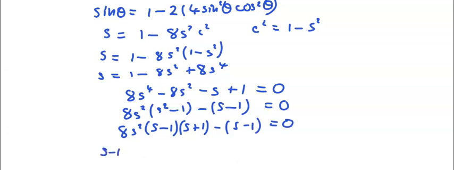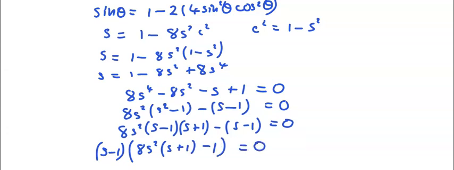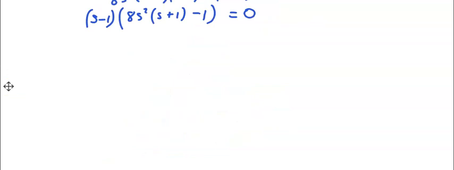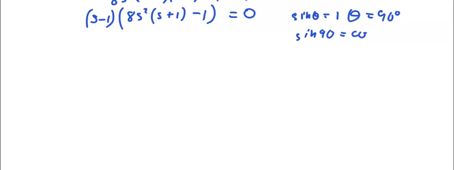So that (s minus 1) times (8s squared (s plus 1) minus 1) equals 0. And so we've obtained our first root. Our first root is that sin theta equals 1, so that theta will be 90 degrees, and sin 90 does indeed equal cos of 4 times 90, but that is not the root we're looking for.